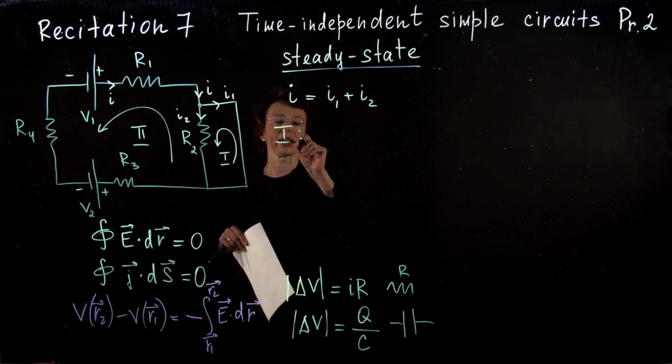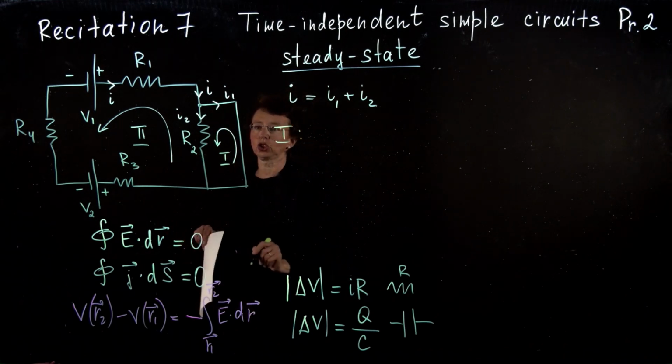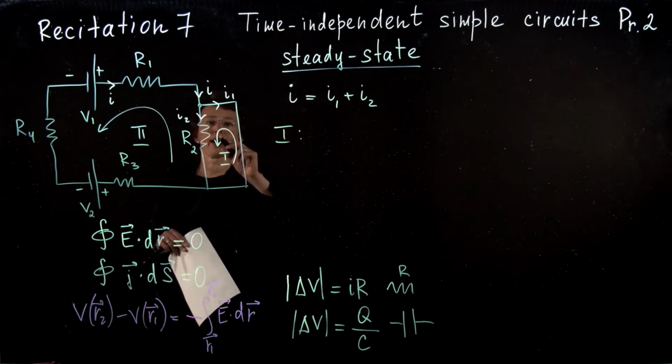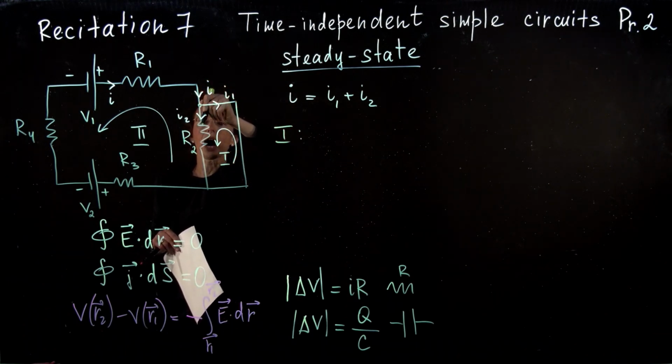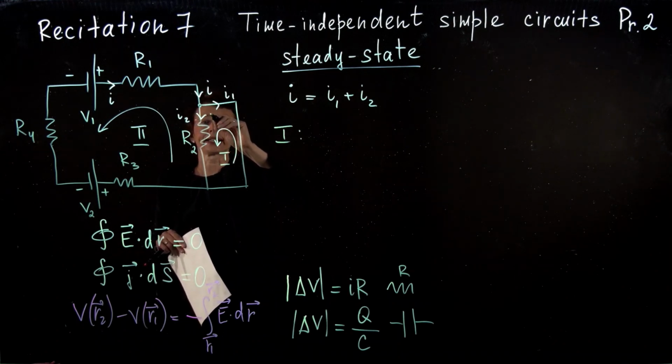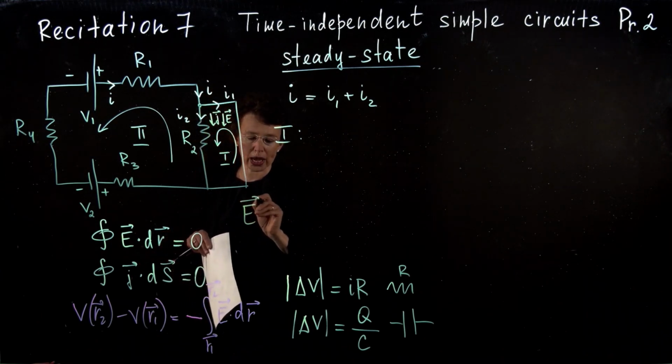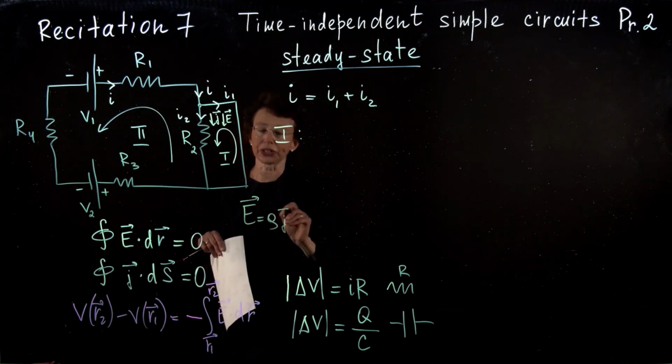For loop 1, I write integral E dot dr. So I have current I2 flowing down, dr, we will not skip the steps. Current is flowing down, then J is also down, then the electric field, which is rho J, is also down.